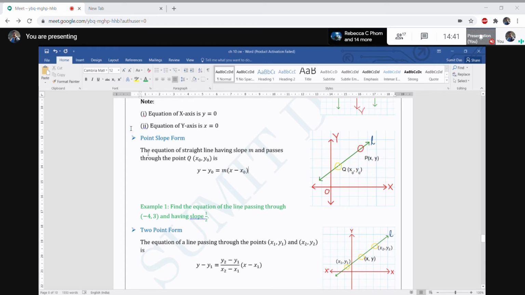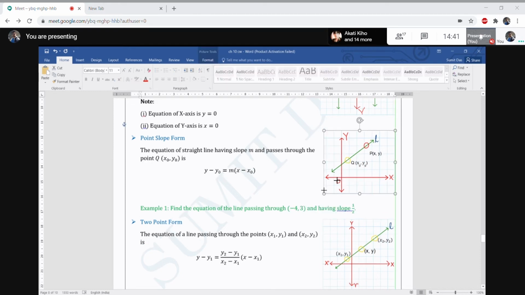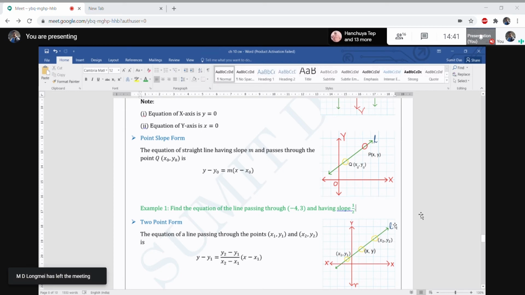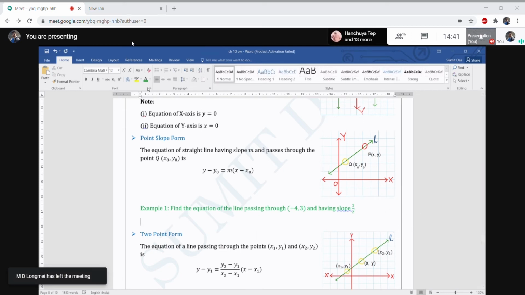So the equation of the straight line having slope m and passing through x naught y naught, where the slope of the line is given and one point through which the line passes is given, is y minus y naught equal to m into x minus x naught. Very easy. You have to remember all the forms, otherwise it will be difficult to understand which form we have to use.